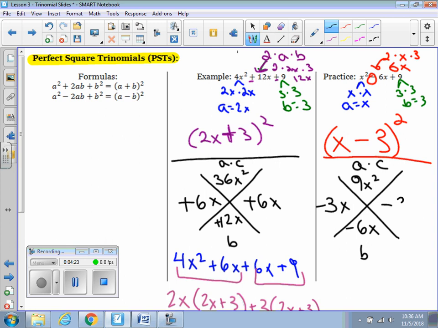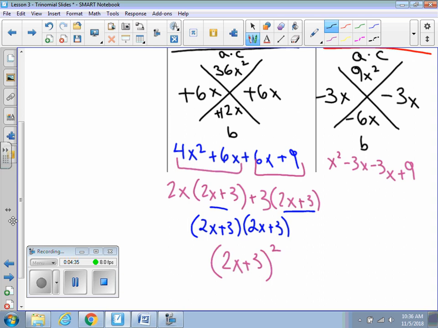So now I'm going to rewrite my trinomial as a 4-term polynomial: x squared minus 3x minus 3x plus 9. My first two terms have a GCF of x, leaving me with x minus 3. My second two terms, now notice that the leading coefficient's negative, so I have to remember to take out a negative GCF, and it's going to be a negative 3, leaving us with x minus 3.